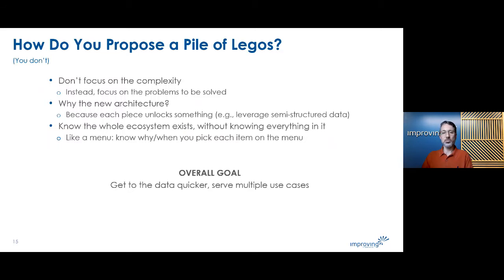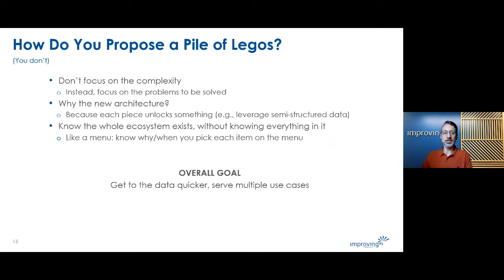And when I say propose, I'm talking about you could be a data engineer, you could be a data architect talking to a CTO, you could be that CTO going to the executive team and seeking funding for new initiatives. You could be a chief data officer proposing a data modernization roadmap.